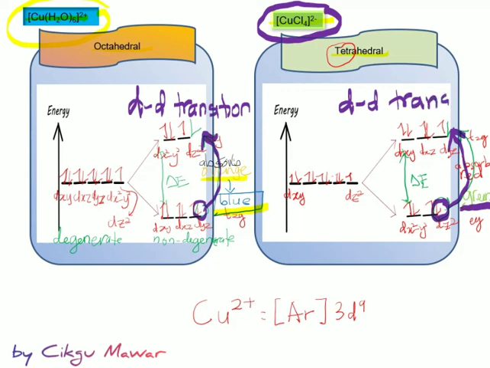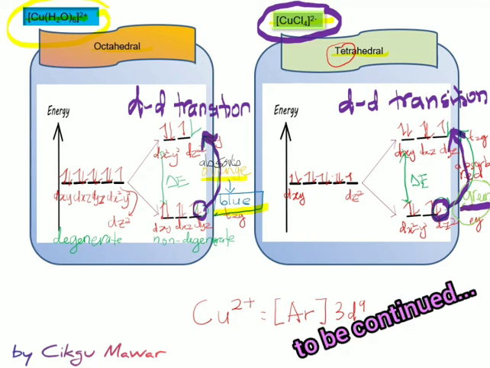And what happens when the d-d transition occurs? The complex becomes colored, which for tetrachlorocuprate(II) ion, will appear as a green color. Alright, so I hope that you will understand this part.